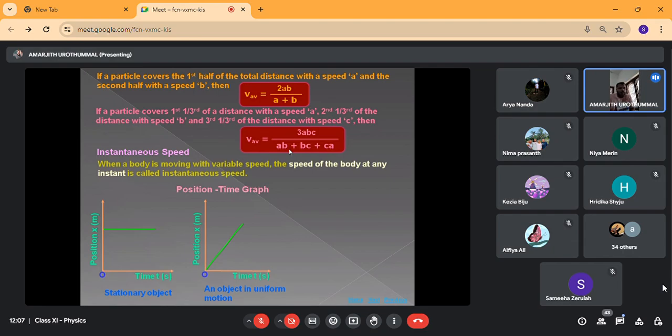So we can say that it is in uniform motion. Now the next one: sometimes when time is increasing, the position is increasing, sometimes it is decreasing. It is not equally changing. So we can say it is in non-uniform motion. Is it clear?